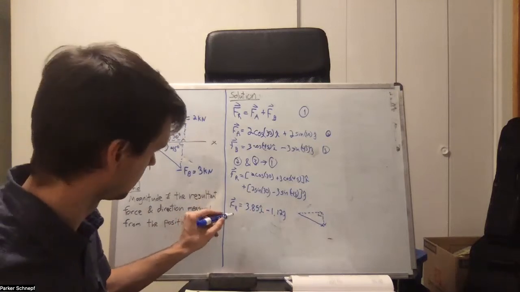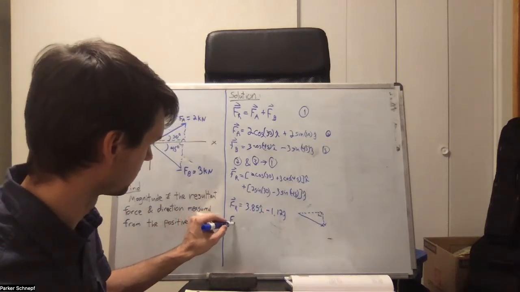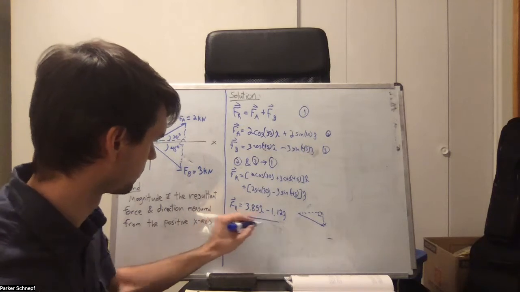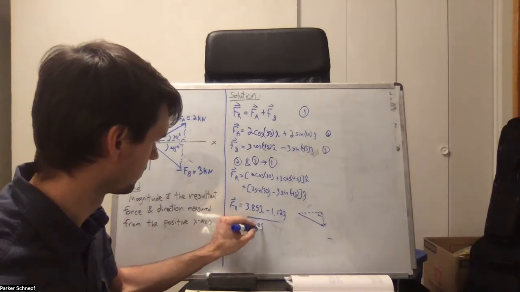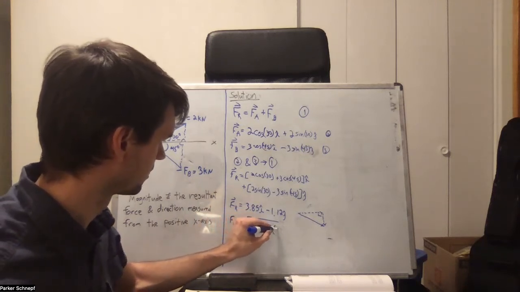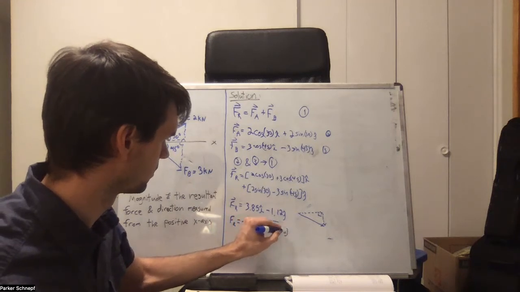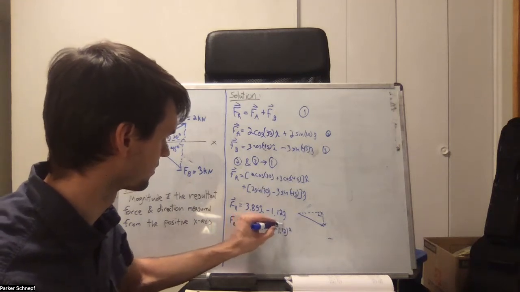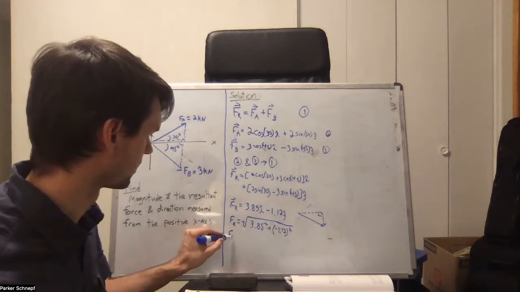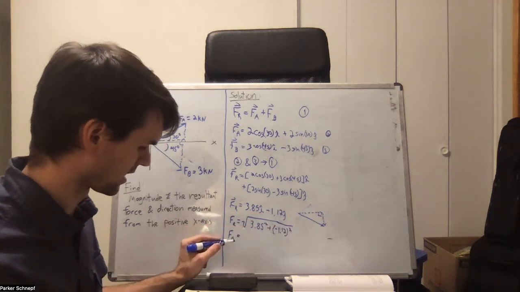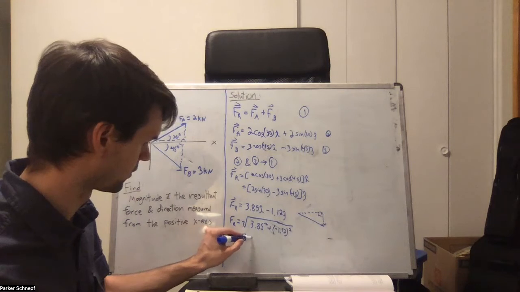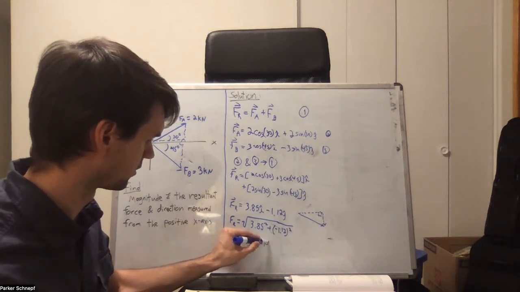So when I do that, I'm saying the magnitude of the resultant force is equal to the square root of 3.85 squared plus minus 1.12 squared. The minus sign is going to go away because we're squaring it, and what I end up with is 4.01 kilonewtons.